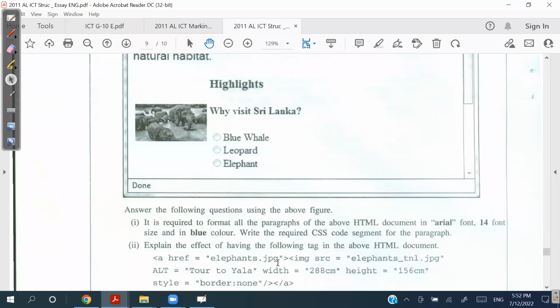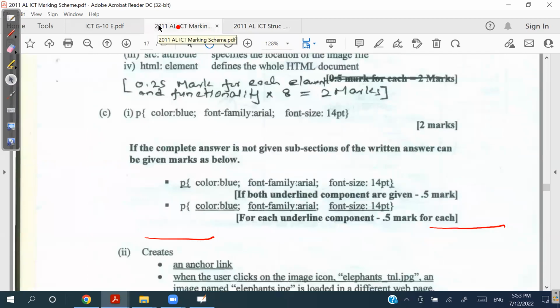And it specifically said these things, right? So these things should be taken into consideration when you are writing the CSS. And the CSS happens like this.